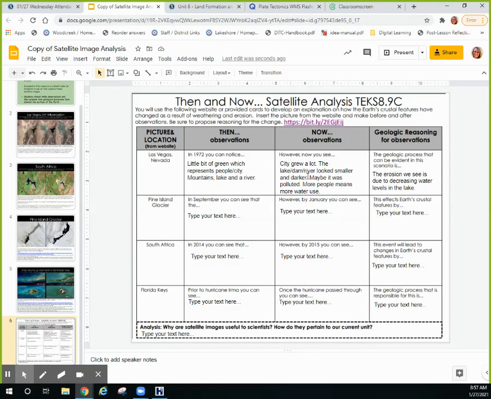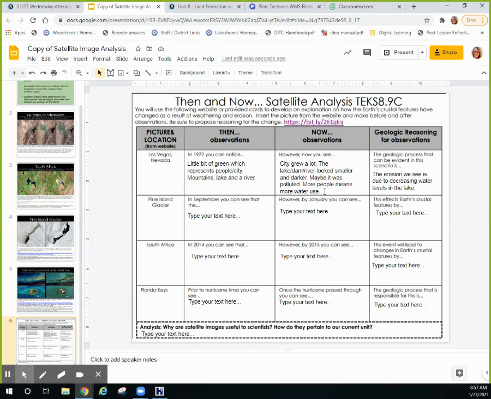And we noticed the lake and dam and river area looked smaller and darker. We said that this is probably because of pollution due to city runoff from the city. And we said that maybe the lake looks smaller because more people means more water use. So the water from the dam is being used faster than it can be replaced.